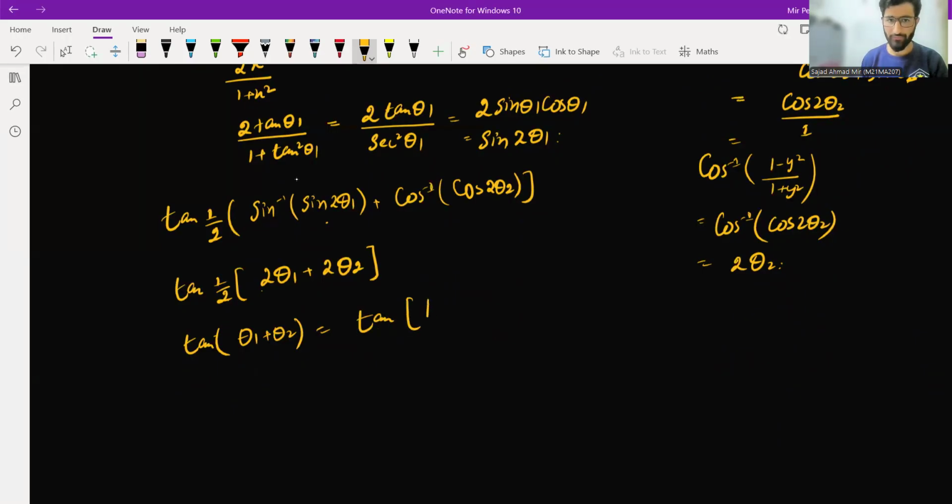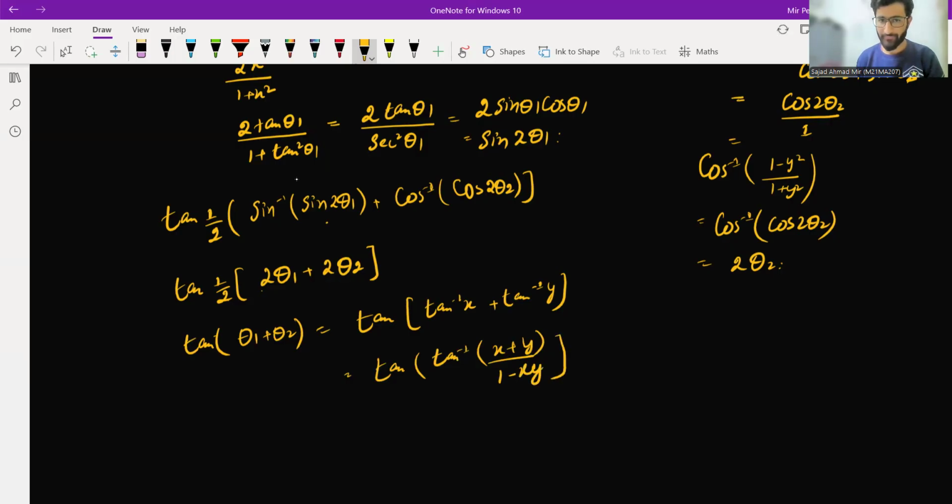Tan of tan inverse of x plus tan inverse of y. Now we know that tan inverse of x plus tan inverse of y can be written as tan inverse of x plus y divided by 1 minus xy. And if we cancel tan and tan inverse, we get x plus y divided by 1 minus xy.